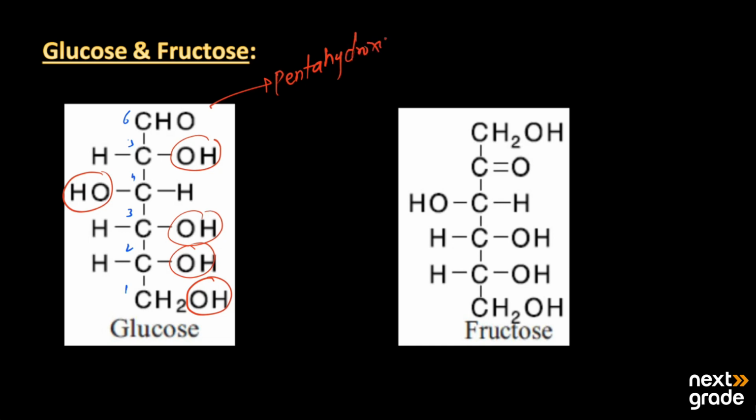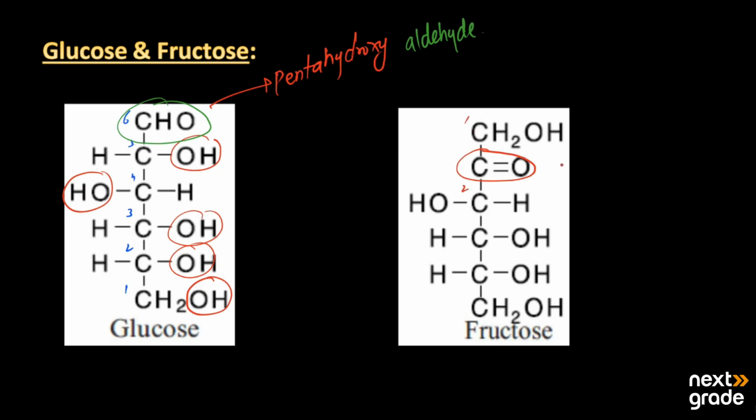Now we have a look at its group. Here the aldehyde group is present, so it is known as pentahydroxyaldehyde. On the other hand, when we have a look at fructose, here you can see that this is the carbonyl group, and on both sides of the carbonyl group we have carbon atoms.